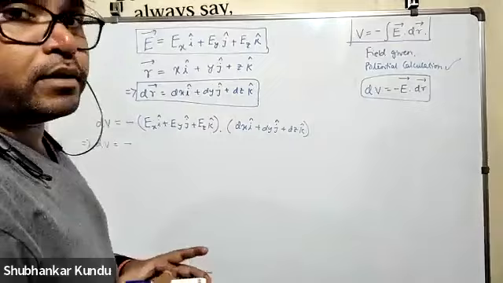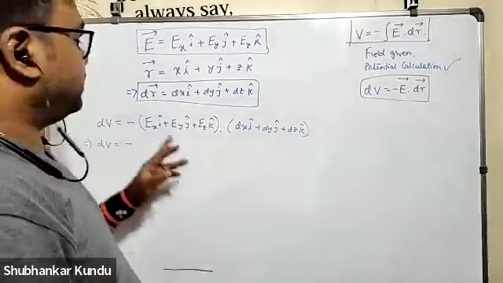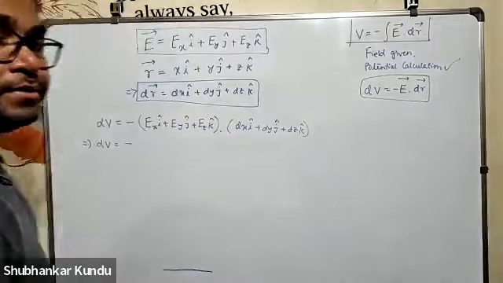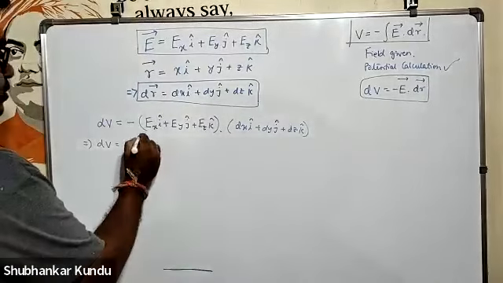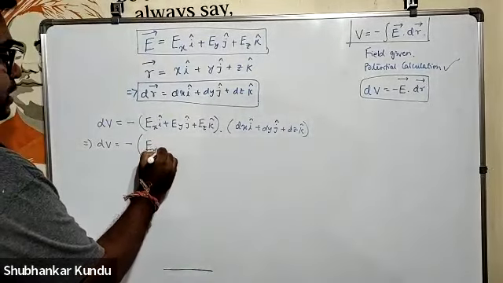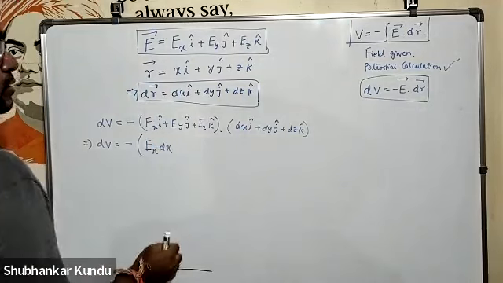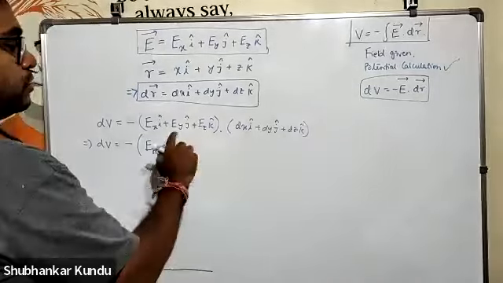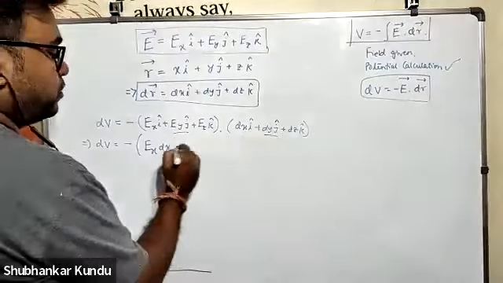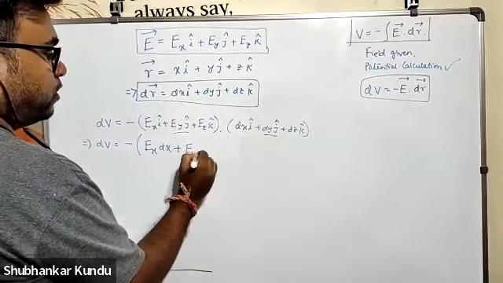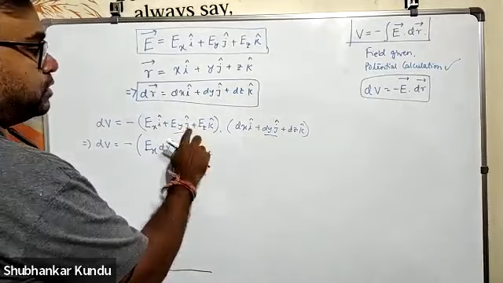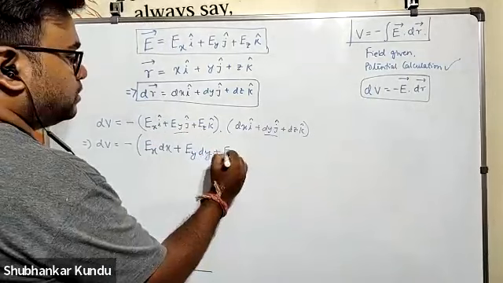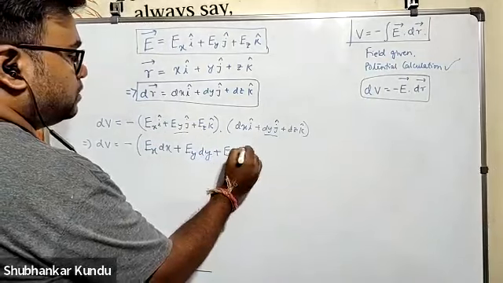How to do the dot product? i with i, j with j, k with k. So what will we have? We'll have Ex dx, and i dot i is 1. Now this one with this one, it will be Ey dy, j dot j is 1, plus Ez dz.